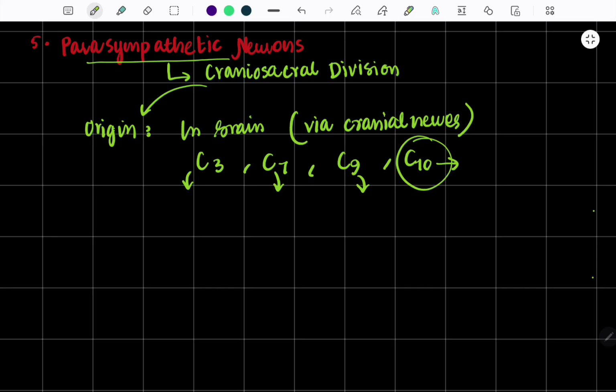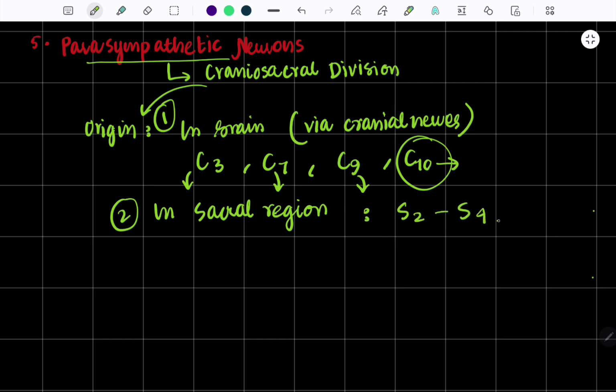So now let us discuss the second origin. This was the first one and this is the second one. The second origin is the sacral region of the spinal cord, from S2 to S4. So these are all the regions from which the parasympathetic neurons originate, and then they emerge through the pre and post-ganglionic neurons and travel to the effector organs.